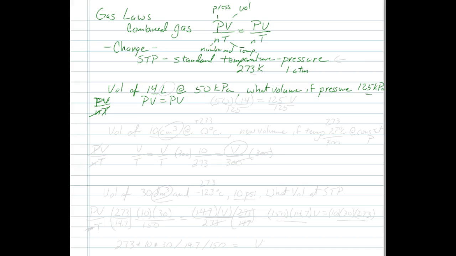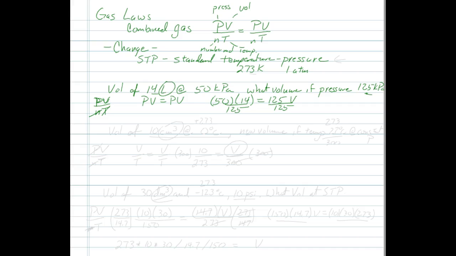The first pressure is 50 times the first volume, which is 14, and the second pressure, 125, times the volume. Using your Algebra 1 skills, divide by 125 and solve for V. Remember, round to 3 places and label your answer. In this case, the volume is going to be in liters.